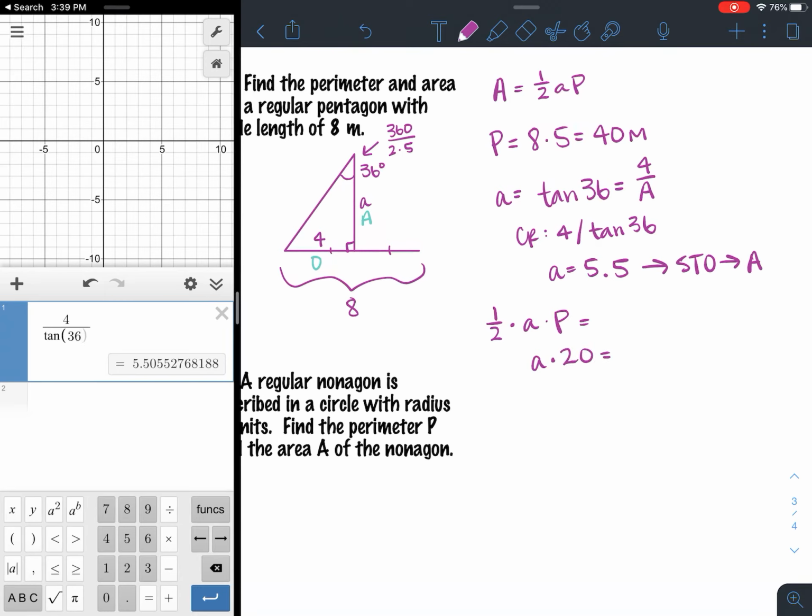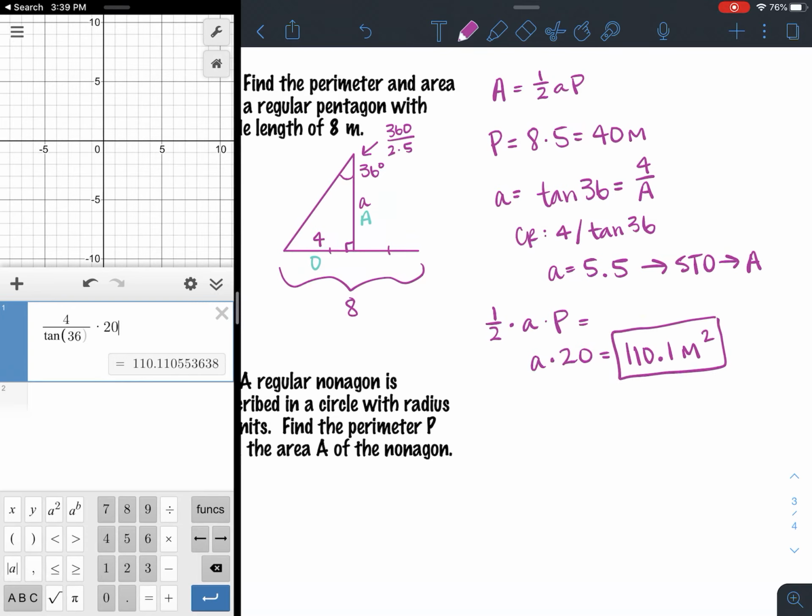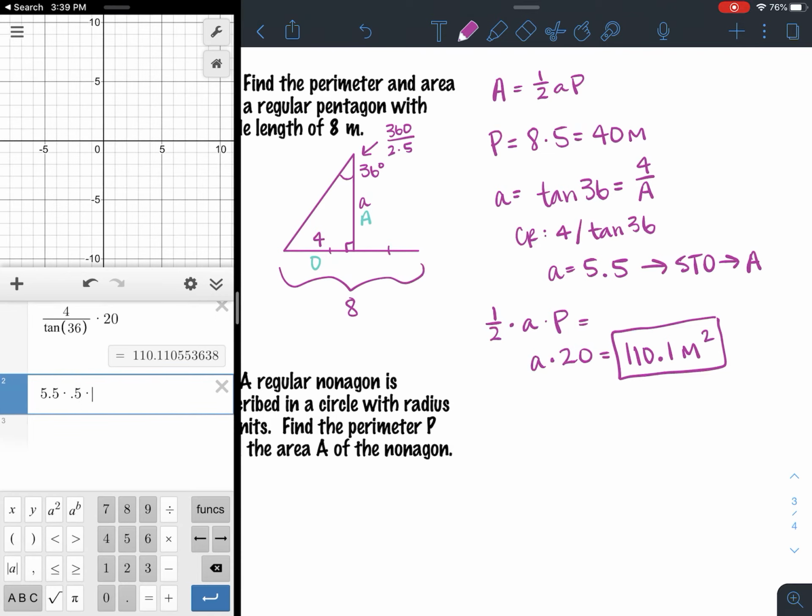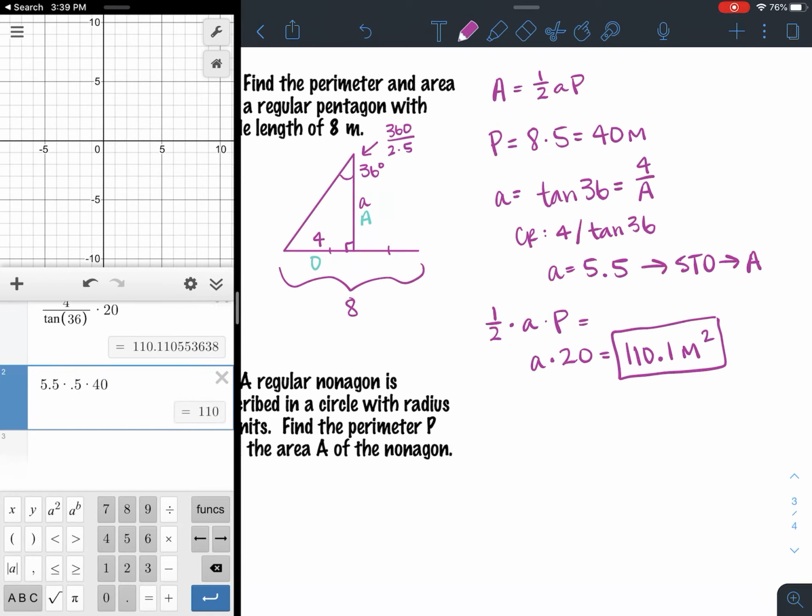That way over here with Desmos, I can just go ahead and take my answer times 20 and end up with 110.1 meters squared. Now, if you go ahead and round it to 5.5, that's not going to hurt much. 5.5 times the 1/2 times the perimeter of 40 gets me 110 even.